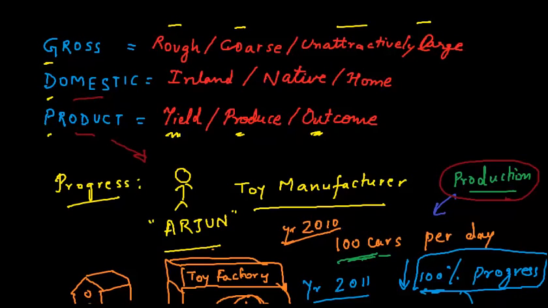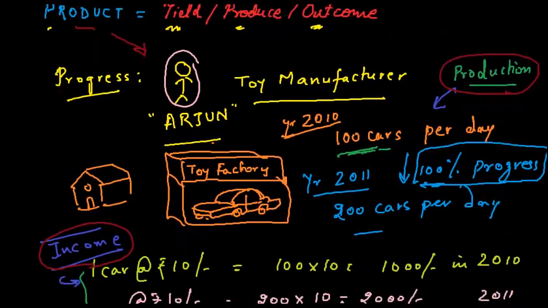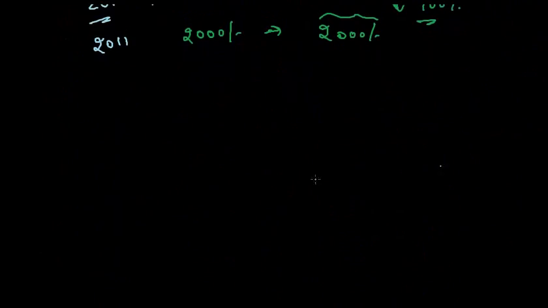Here we were taking the example of an individual, which was Arjun. Now let's see how a country checks.